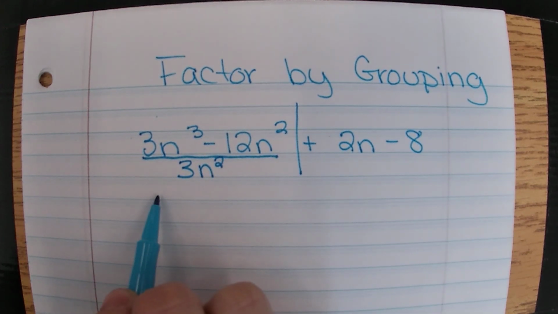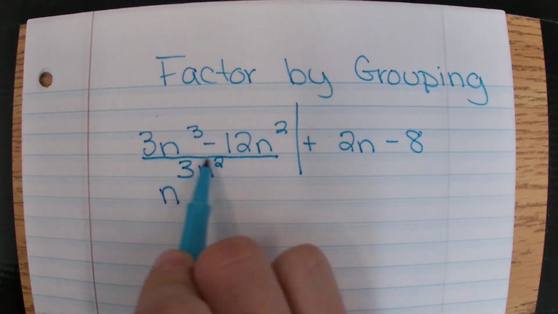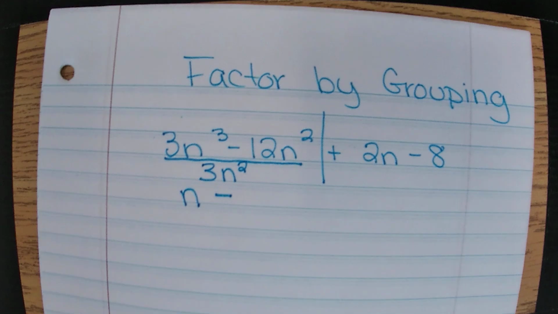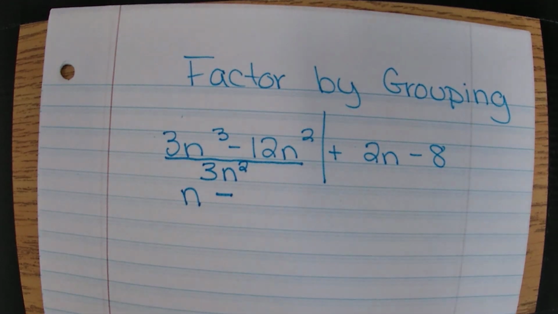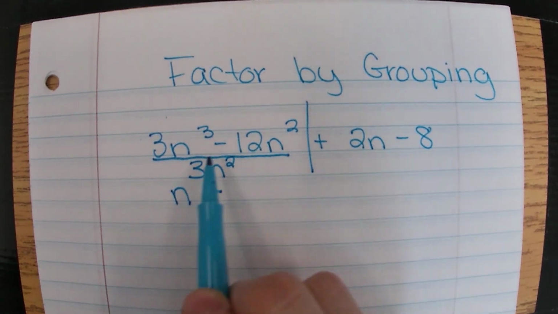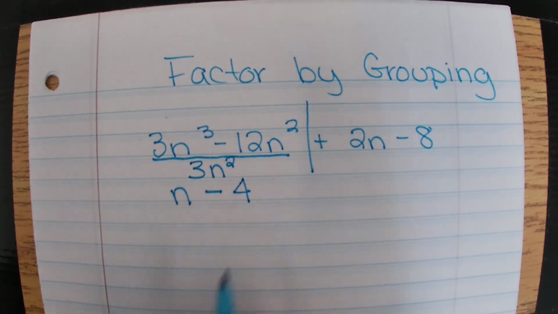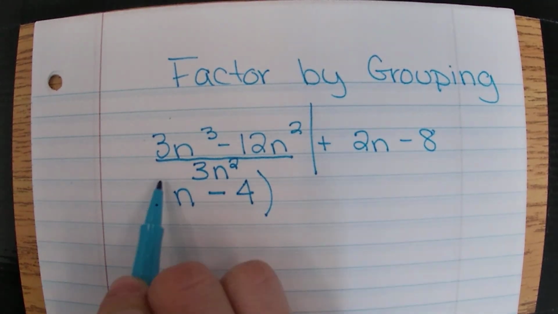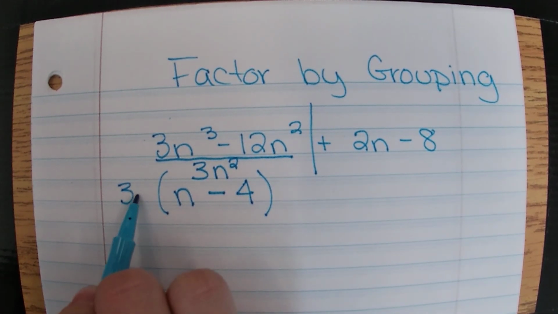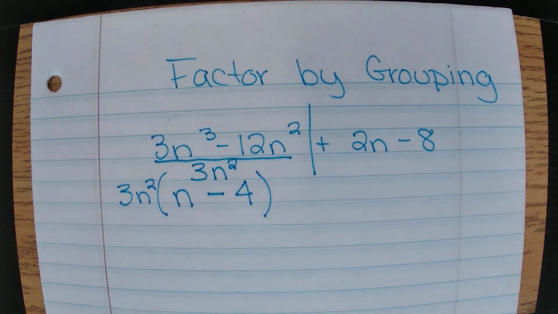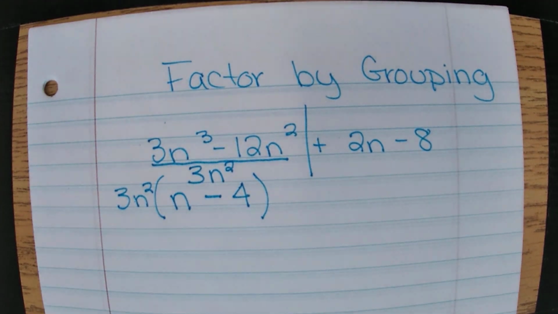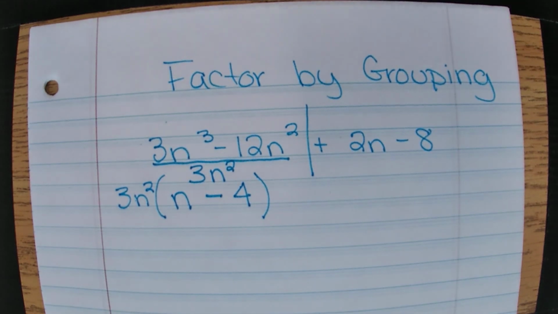We subtract, we're left with an n. Now we have to follow that subtraction sign. We did that when we were factoring out a GCF, so that should be fine. 12 divided by 3 is 4. Those n squareds are gone. Okay, so there's our left-hand side. That should seem just like yesterday, other than the fact that now we have a subtraction in there.